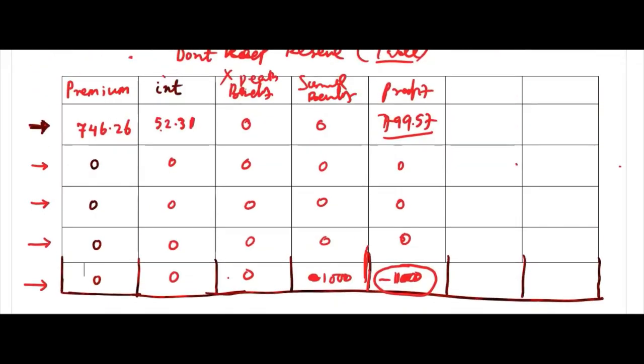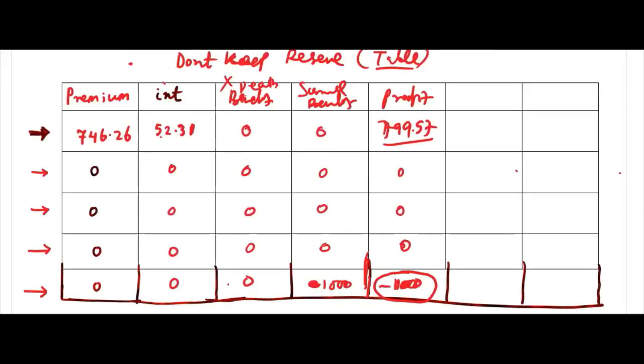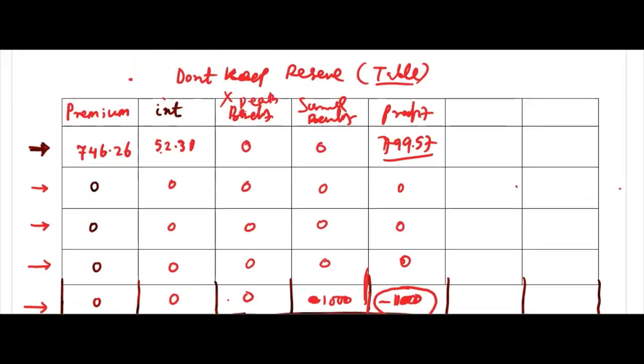Remember last time whatever we studied, that was for a unit linked bond, and for the non-unit fund we have done. Now, I don't think this will come in the exam. I can give you 100% guarantee you might not get this kind of a question. It never came.